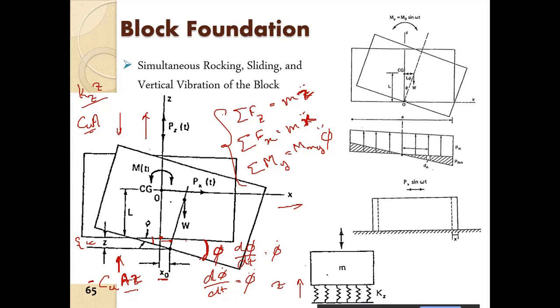The second force: this block moves in the x naught direction, so we have kx into x naught in the opposite direction.